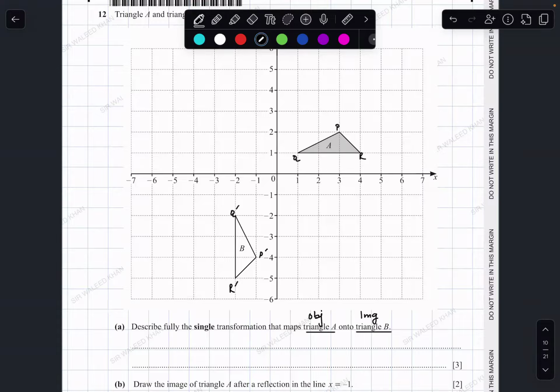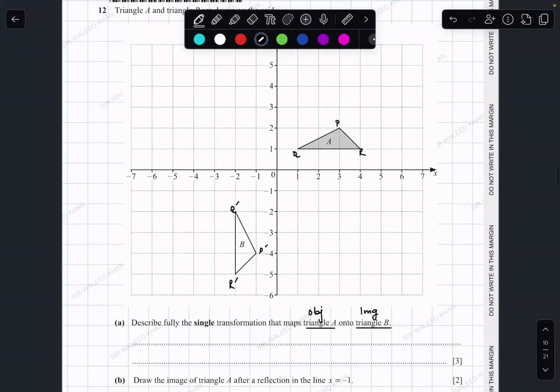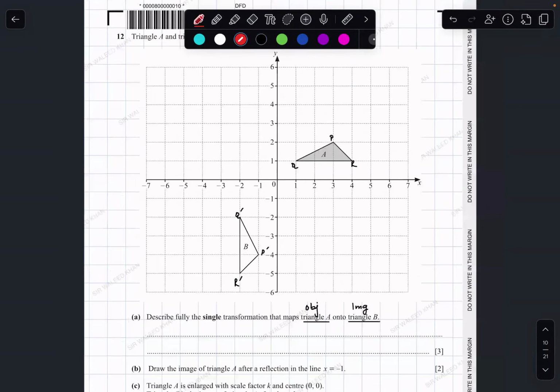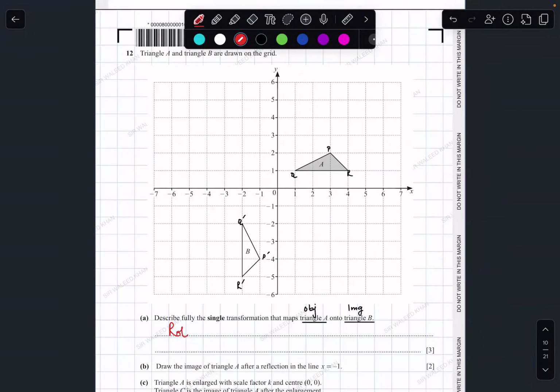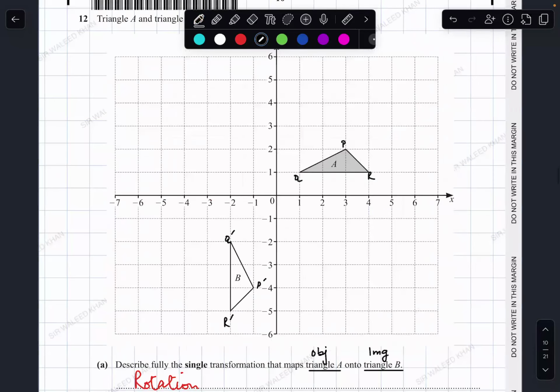Now, to figure out what is the center of rotation, we already know that this is rotation now. We have to figure out the center of rotation. For the center of rotation, what should we do? What did we study? Any idea? Draw lines from one point to the other. Okay. What kind of lines? Corresponding.